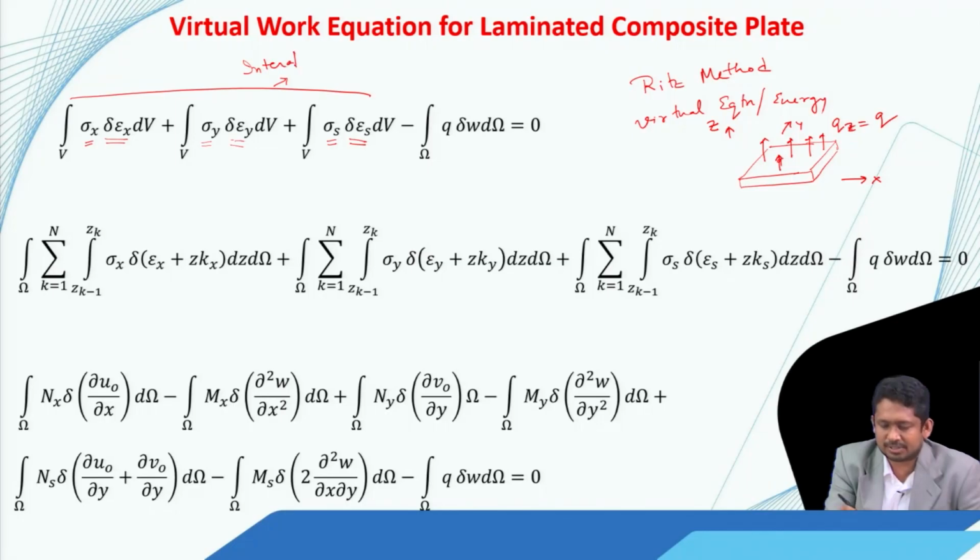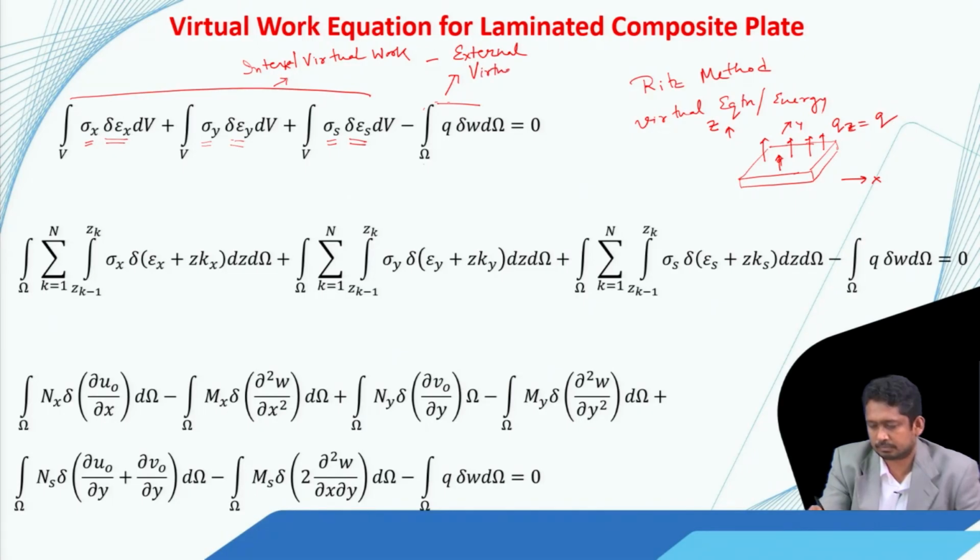These three quantities combined are called internal virtual work, and then we have external force multiplied by virtual displacement, and this we call external virtual work. Internal virtual work minus external virtual work is equal to 0. That means they both are the same.